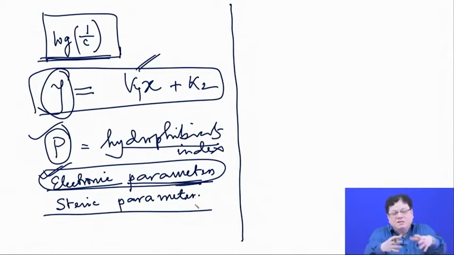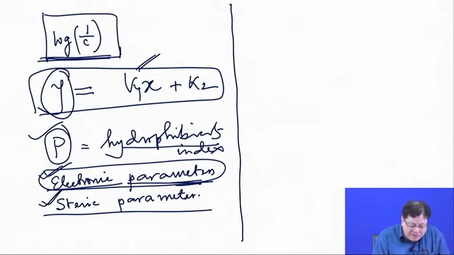If it is sterically highly crowded, then there is a problem of reaching the target. So, these are the three parameters, the minimum three parameters. See, there are other parameters also that are possible, but for this course I think we will just stick to these three parameters, and we will just discuss how these parameters are evaluated.